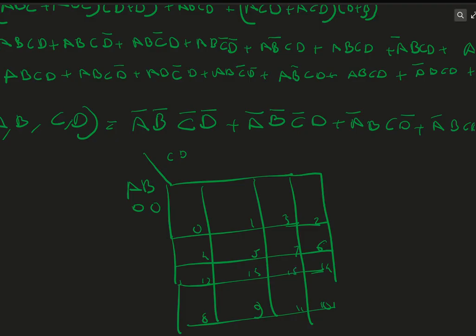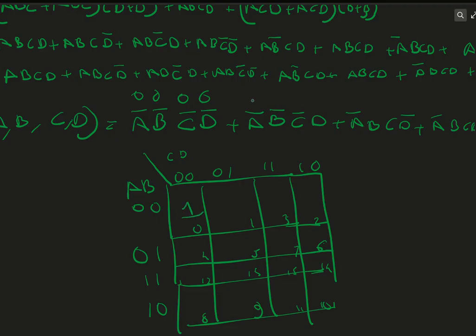Okay, so 0, 0, 0, 1, 1, 1, 1, 0, 0, 0, 0, 1, 1, 1, 1, 0. We have to look for when the output will be 1. For this, all of the inputs need to be 0, 0, 0, 0, so it's going to be 1 here.